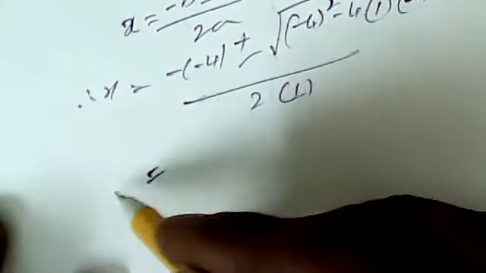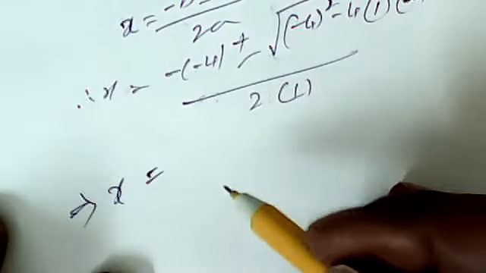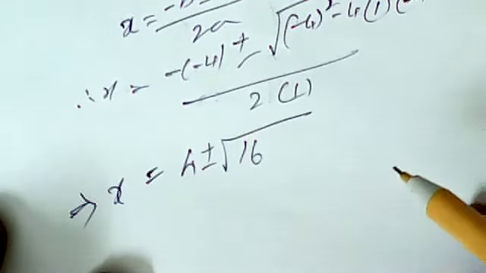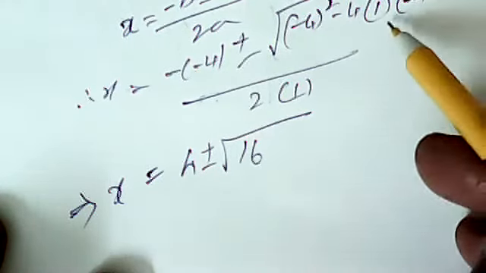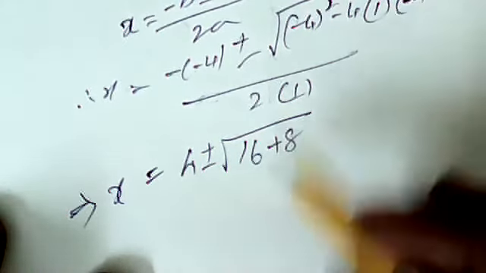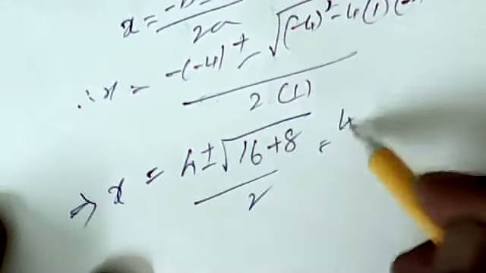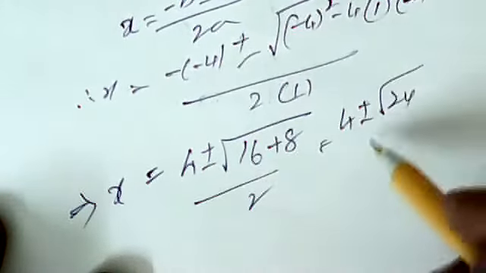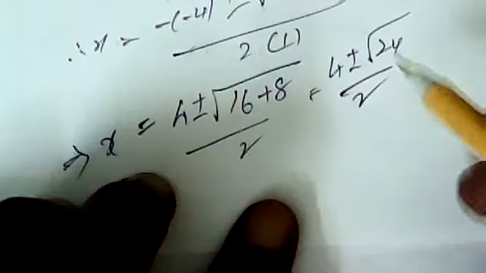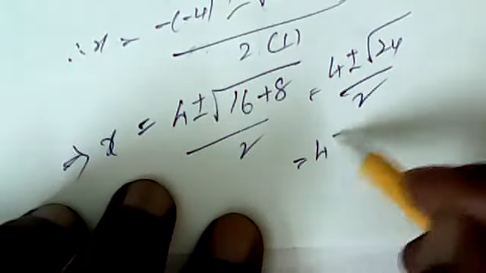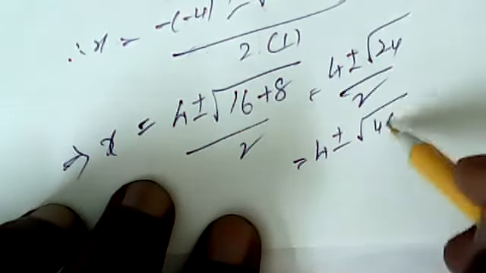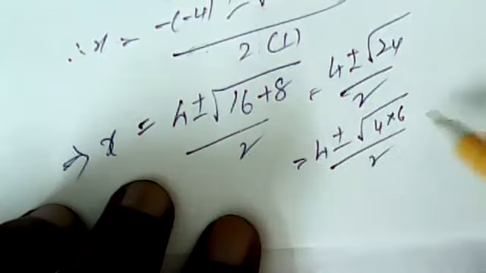Now further simplification: 4 plus or minus root of 16 minus 4 into minus 2, which is plus 8, by 2, equals 4 plus or minus root 24 by 2, equals 4 plus or minus root of 4 into 6 by 2.